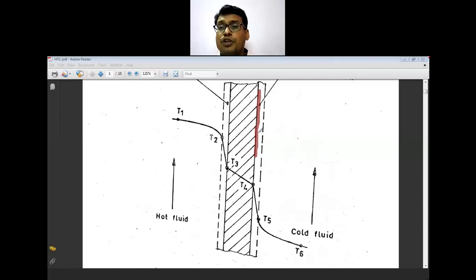There is a dirt coefficient on the cold side and a dirt coefficient on the hot side. Whenever it's a pure or polished metal, these dirt coefficients are neglected, or else mostly it is the dirt coefficient that comes into the picture.